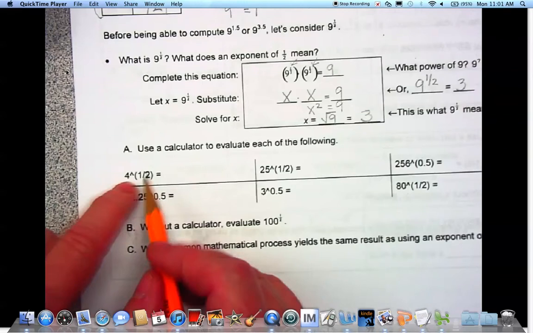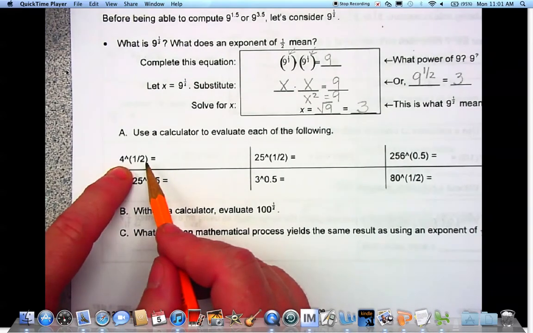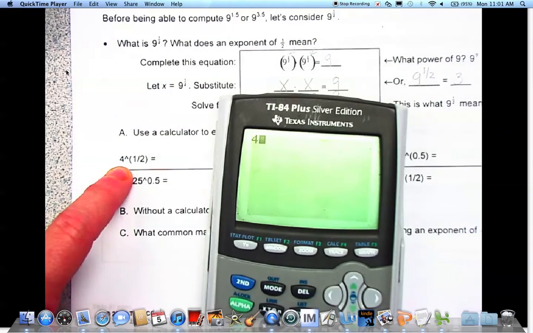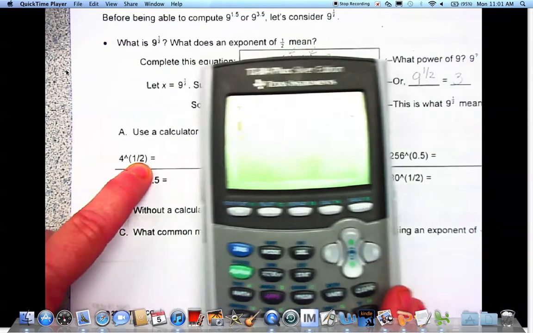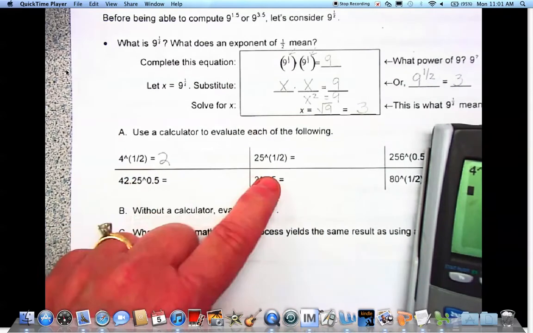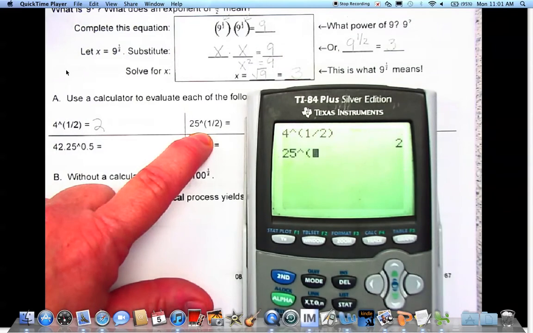So let's look at this. What do you think 4 to the 1/2 would be? 2, because the square root of 4 is 2. Let's check it though. 4 to the parentheses 1 divided by 2 is 2, isn't it? How about 25 to the 1/2? 25 to the parentheses 1 divided by 2 is 5.